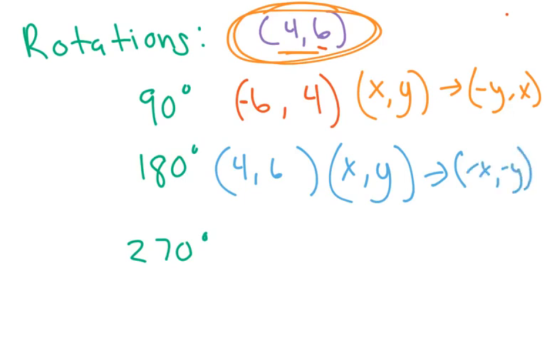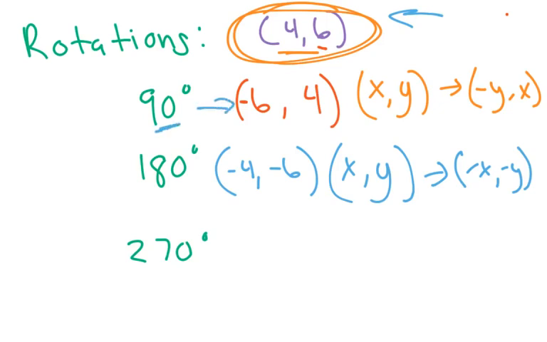Now I'm using the negative sign, but please be mindful that in this situation it really means the opposite. So if you already have a negative, it doesn't stay negative. You take the opposite, you change it to positive. So our new numbers here would be -4, -6. And remember, I'm using my original numbers, not the ones I got here.